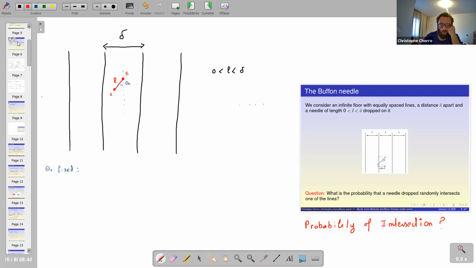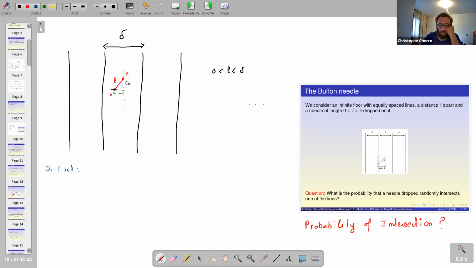So what happens when theta 0 is fixed? When theta 0 is fixed and known, I know that this length here is equal to what?